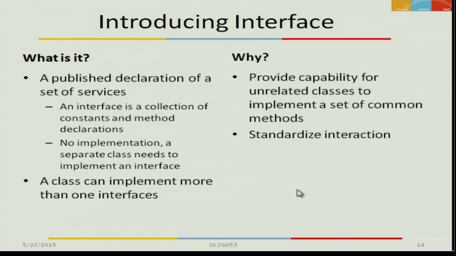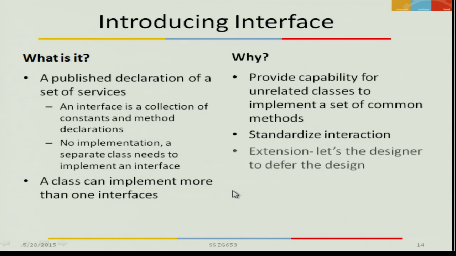It can standardize interaction. It can provide extensions so that the designer can defer the design until later. It can just provide an interface, and that actually helps in building a large piece of software by a group of people in parallel, where as soon as the interface is designed and frozen, even though the implementation takes time, the other team can assume the interface and the functionality and then go ahead with their own design.